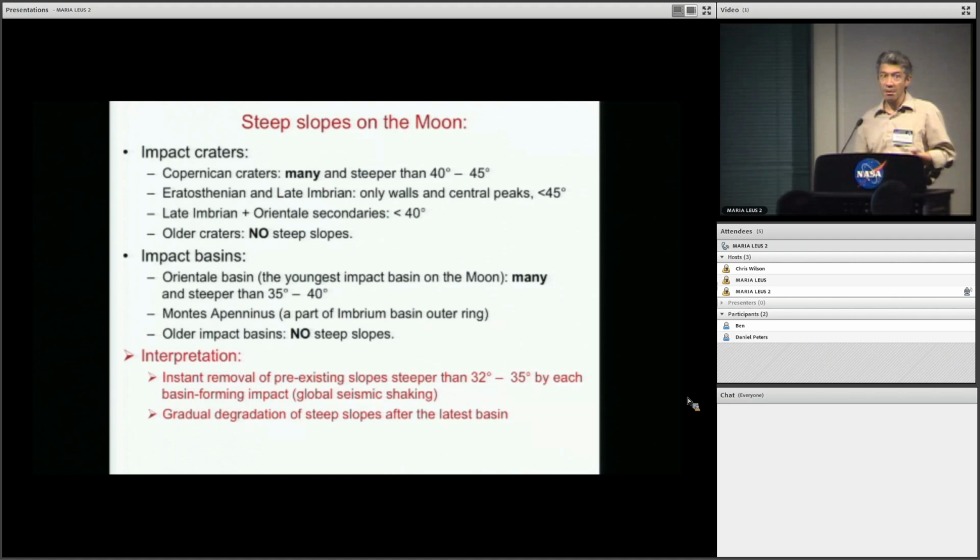So it is another independent way to look at stratigraphy. Tectonic features are consistent with this. Most of them are late Imbrian in age, so consistent that they don't have 45-degree steep slopes, they have 35-degree steep slopes.